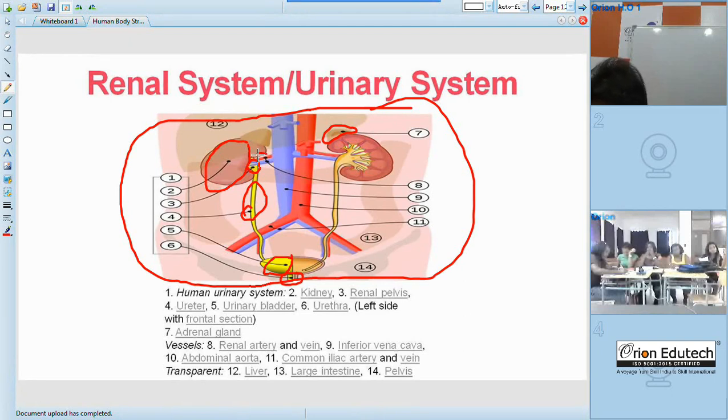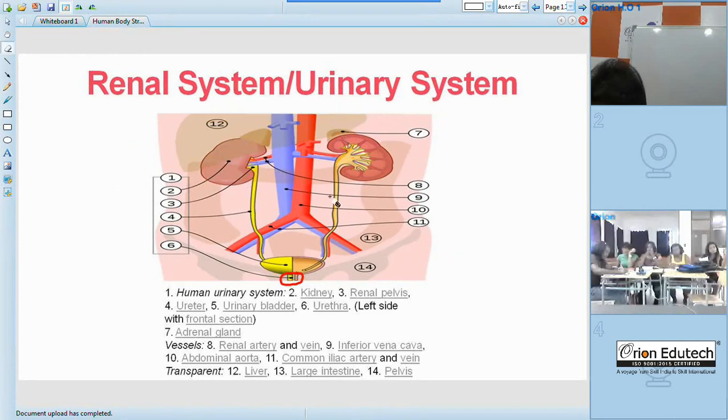This red mark is the renal arteries, and just below that, the bluish line is the renal vein.